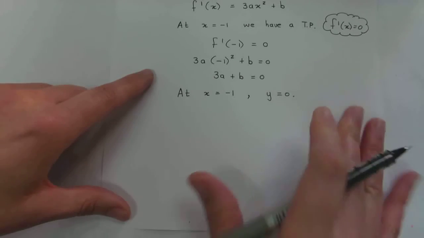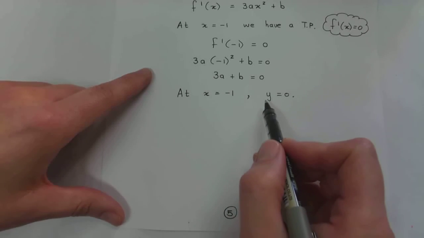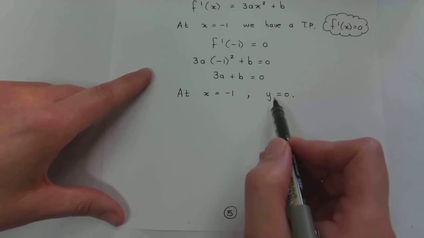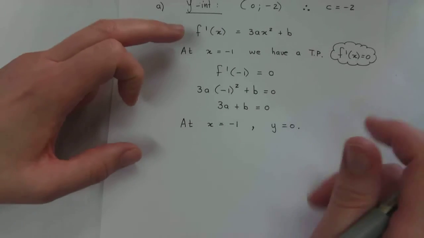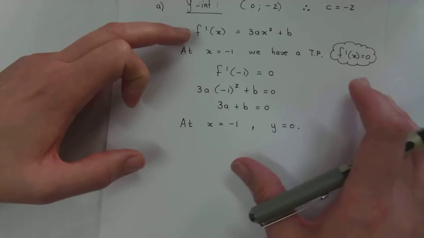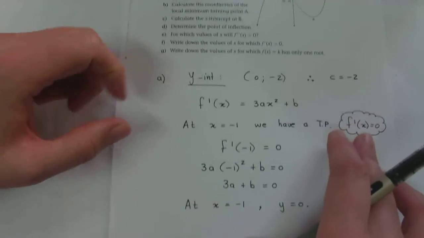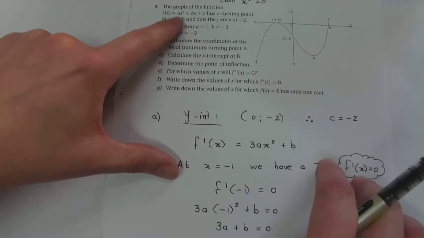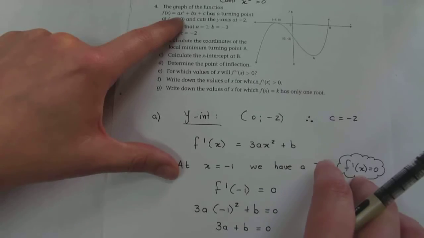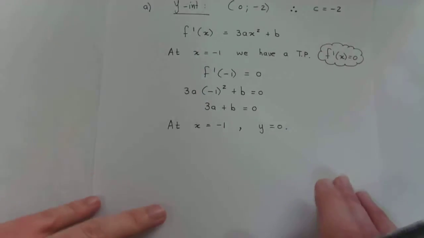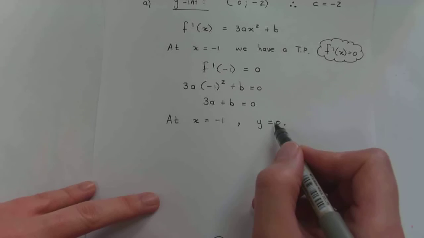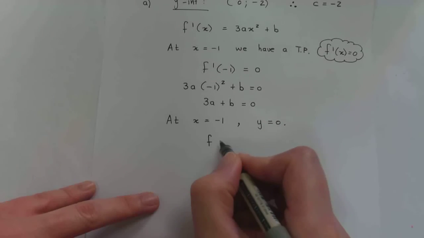So what you should hopefully realize there is I can then go and do another substitution. But that substitution won't go into the first derivative that deals with gradients. That substitution will go into the original equation that deals with y-coordinates. So I'm saying the y-coordinate is 0, and remember the y-coordinate will be where x is equal to -1.